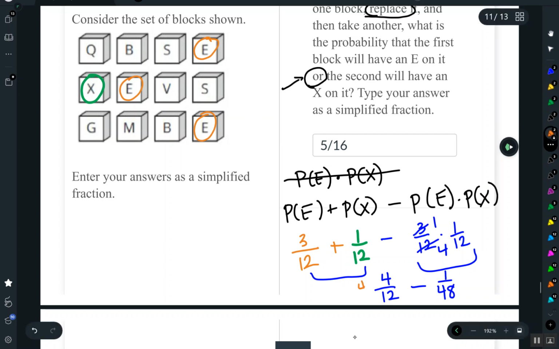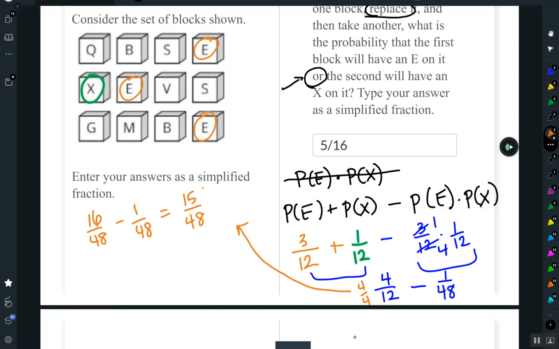We'll do 4 over 4. I'm going to finish it over here. That's going to give me 16 out of 48 minus 1 out of 48 gives me 15 out of 48. Now, how did they get 5 out of 16? They reduced it by 3 because 48 is divisible by 3 and it gives you 16, and there's your answer.